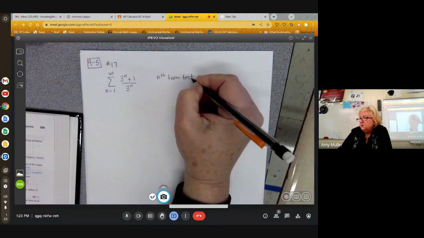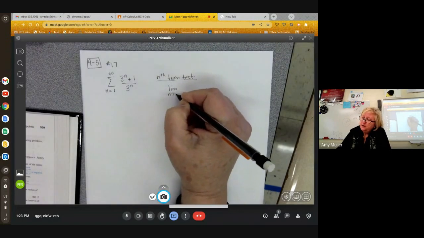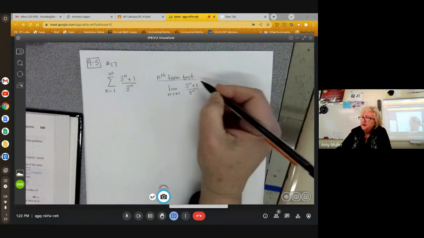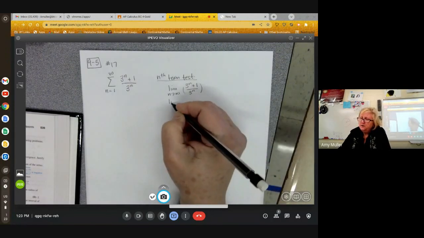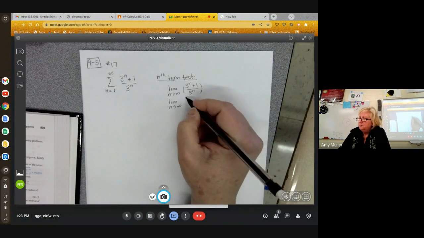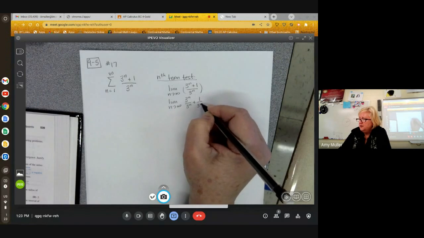Okay, well, what is the nth term test? Well, it says you take the limit as n goes to infinity of 3 to the n plus 1 over 3 to the n. I'm going to bust this fraction up, meaning I'm going to say 3 to the n over 3 to the n plus 1 over 3 to the n.